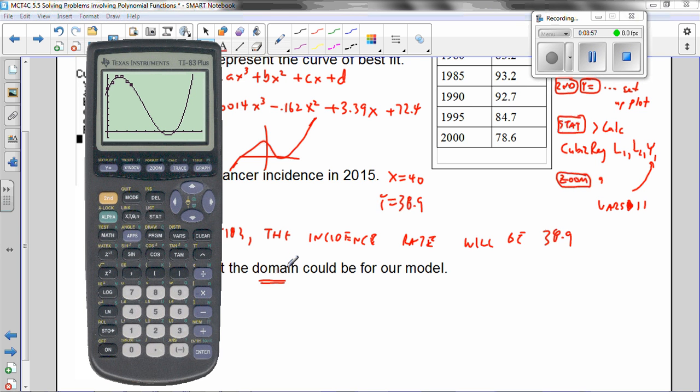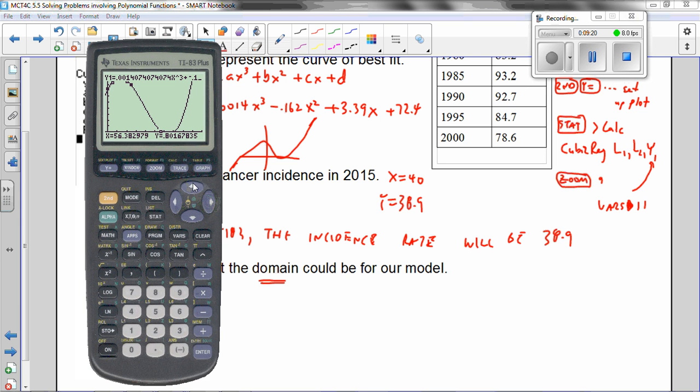So what's the domain? Well, we can see probably that it can't be negative, so that spot right there would be our cutoff. But it might be someplace in here where we just think, at some point it doesn't make sense that the cancer rate's going to keep going down. Certainly, maybe it could be at 0, right?